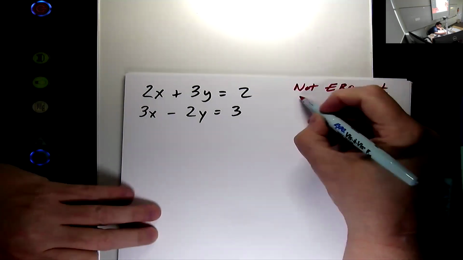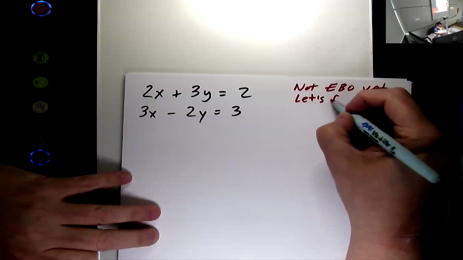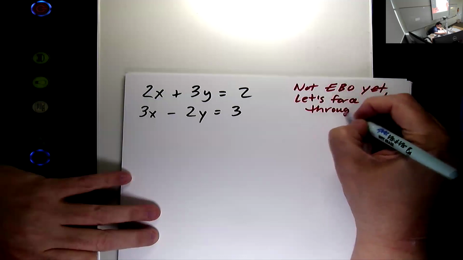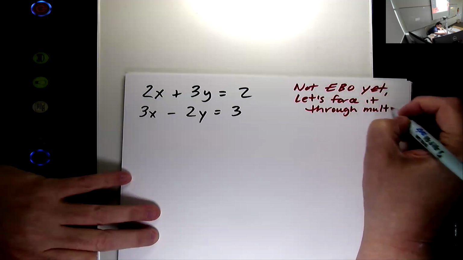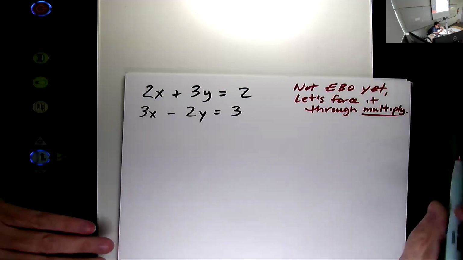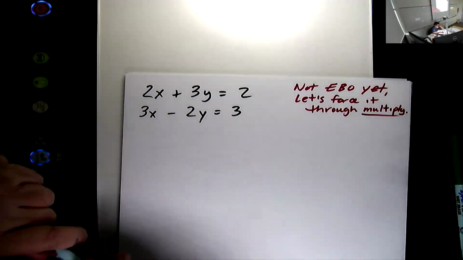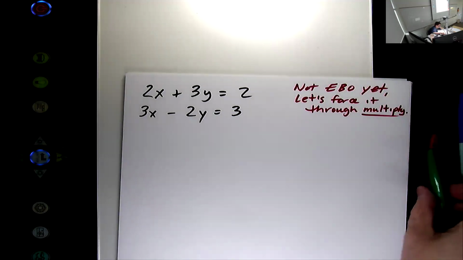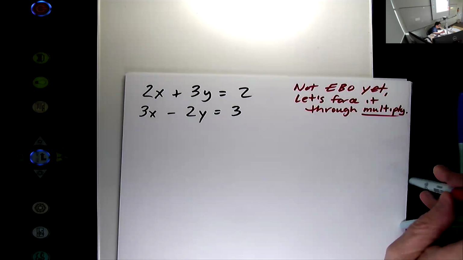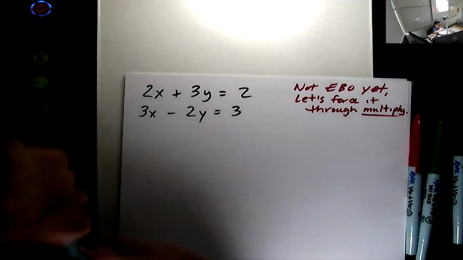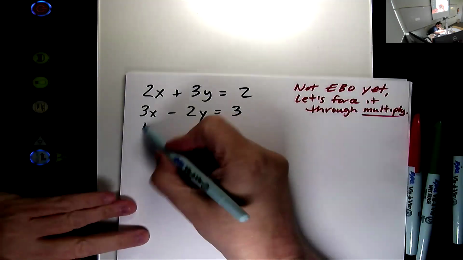So let's force it through multiplication. I'm going to do it both ways. I'll do X's first and then I'll come back and do Y's. So pick a variable to work on. Let's work with X's.